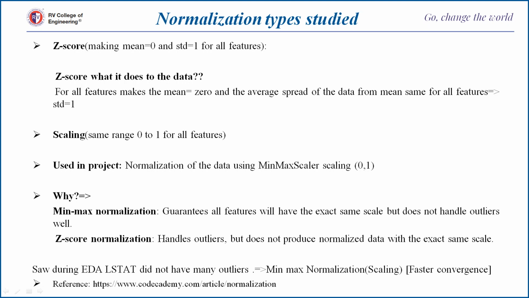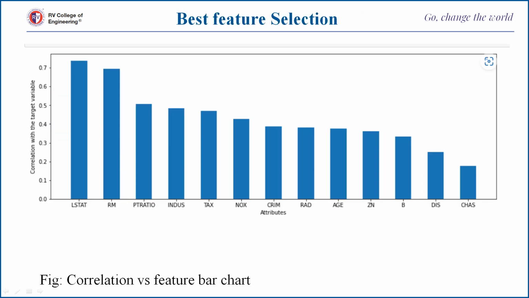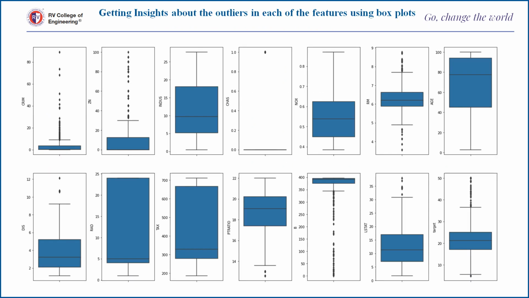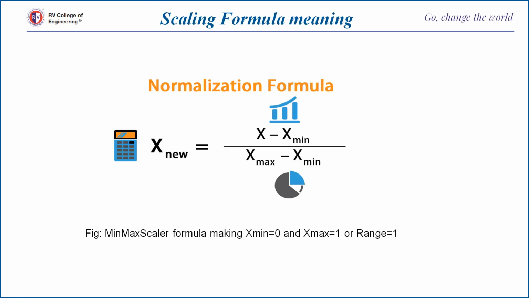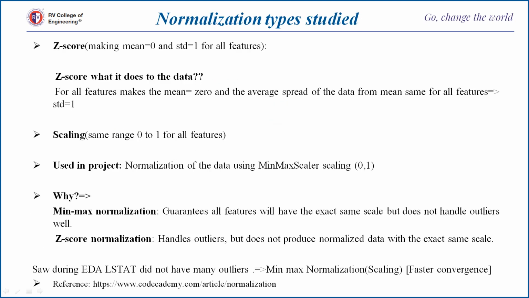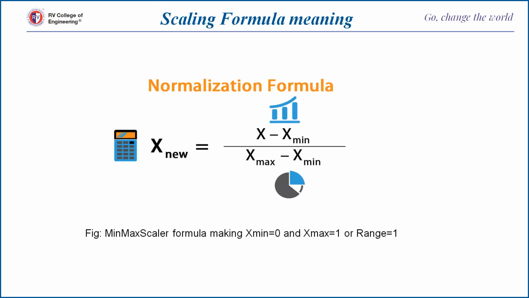Z-score normalization handles outliers but does not produce normalized data with the same exact scale. We saw during EDA that LSTAT did not have many outliers in the box plot. We saw that LSTAT does not have many outliers over here. So we can choose min-max normalization for scaling for faster convergence.